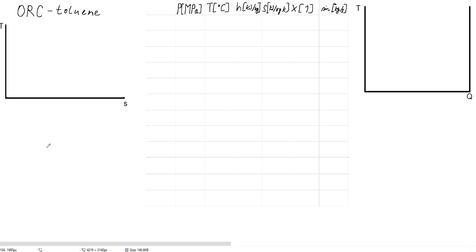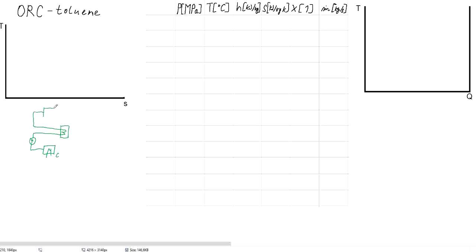So the process flow diagram of the cycle, let's say that we will start with some condenser, followed by a pump, then we will have a look at the case with the recuperator, the recuperative heat exchanger.